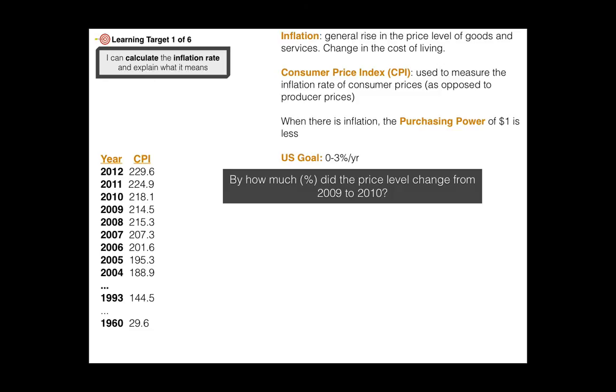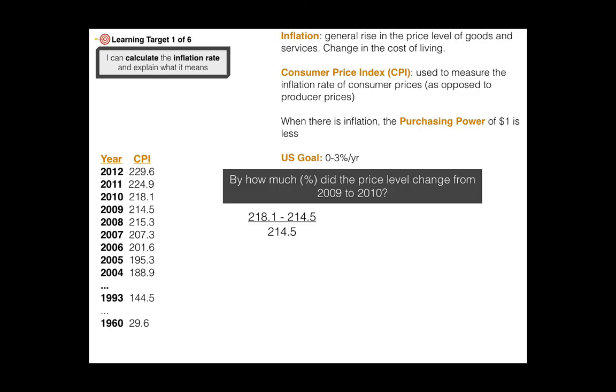Between 2009 and 2010, if we look at the CPIs for those years, the CPI in 2009 was 214.5. The CPI in 2010 was 218.1. The way we can ask this question is, by what percent did the CPI change from 2009 to 2010? Here's the way we would figure that out.